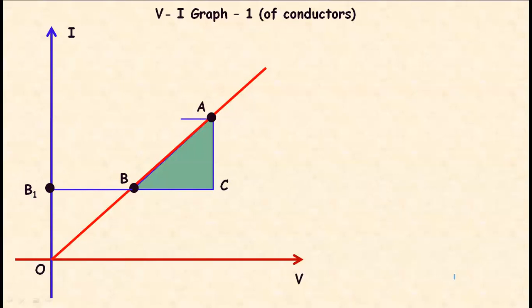And likewise, let me draw a line perpendicular to the y-axis from the point A so that it cuts the current axis, that is the y-axis, at the reading A1. For the sake of convenience, let me consider like this. So A1 happens to be, say, 10 and B1 is 7.